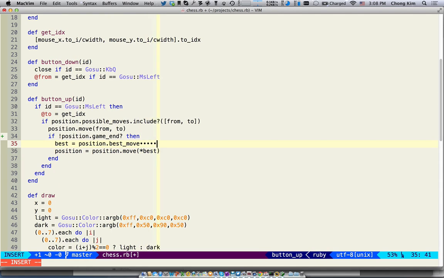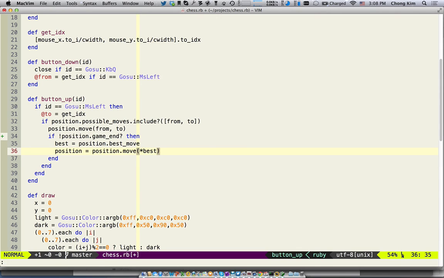So the list will look something like the from location, to location, and possibly the piece if the pawn is going to promote. And because I want to pass this in like this, that's why I need the star. Otherwise, it'd be sent in as a list. I want it to be passed in as arguments.